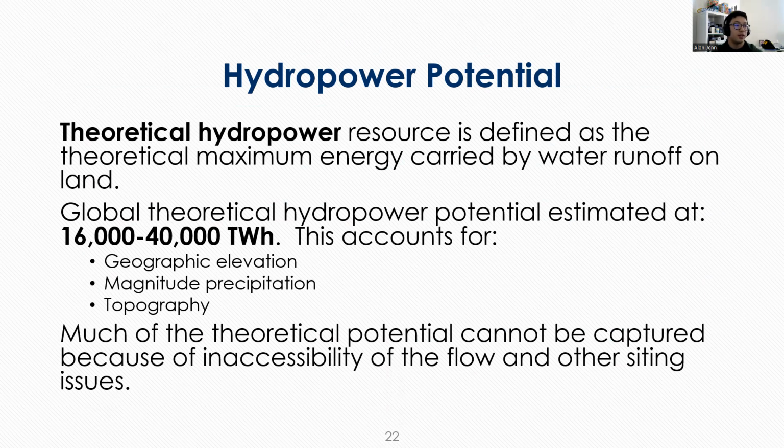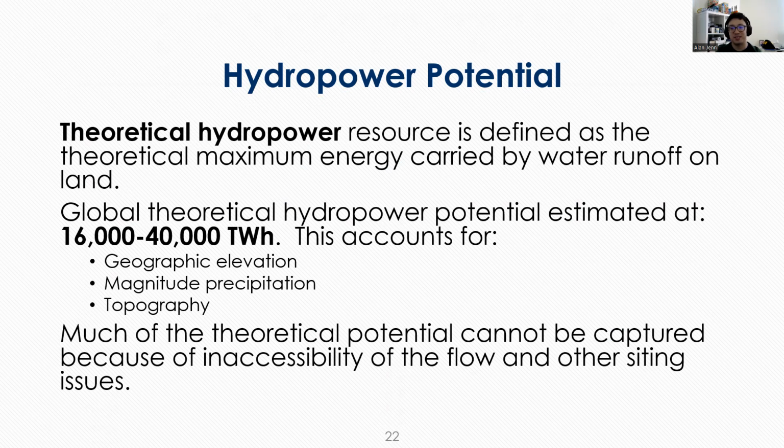So theoretical hydropower resources: the maximum energy carried by water runoff on land. After it rains, it collects and then goes some amount, and you can take advantage of the potential energy from wherever it lands down to sea level. Global theoretical hydropower is estimated to be between 16,000 and 40,000 terawatt hours.